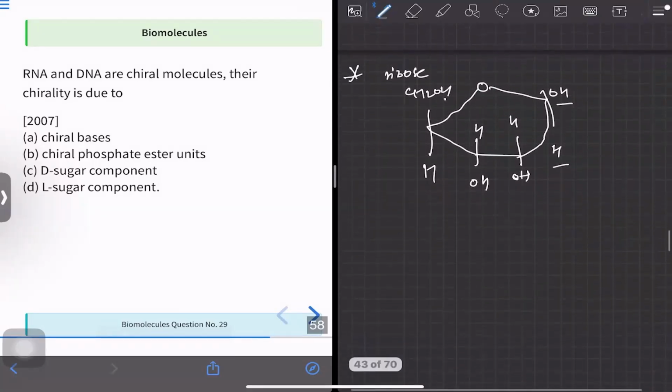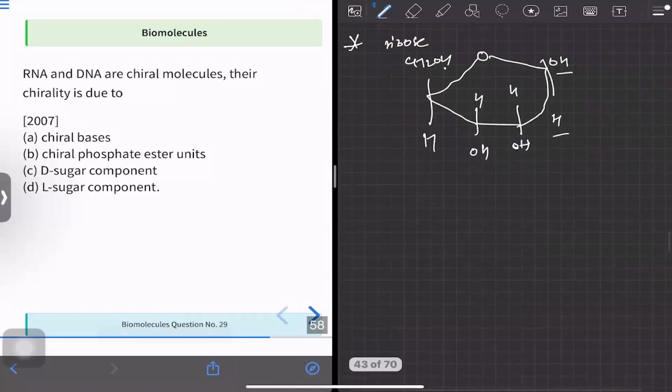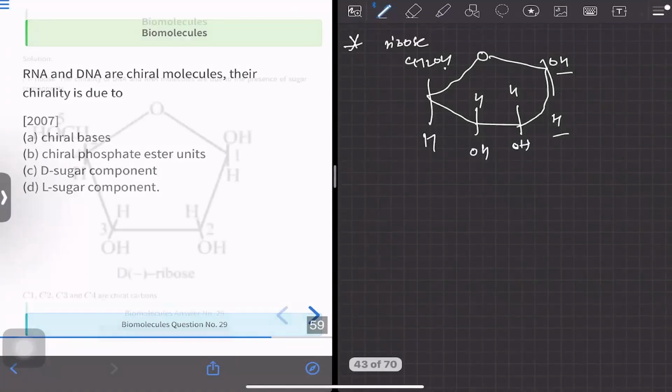So it is a chiral molecule, which makes the sugar that makes the RNA and DNA.